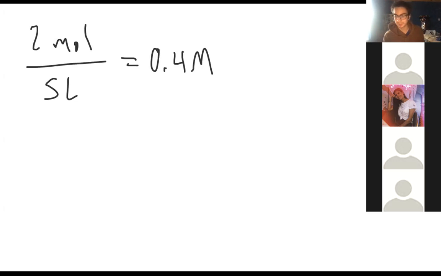And from here, we can create an ICE table. So I hope you guys are familiar with ICE tables. Is anyone not familiar with ICE tables and wants to go over ICE tables?